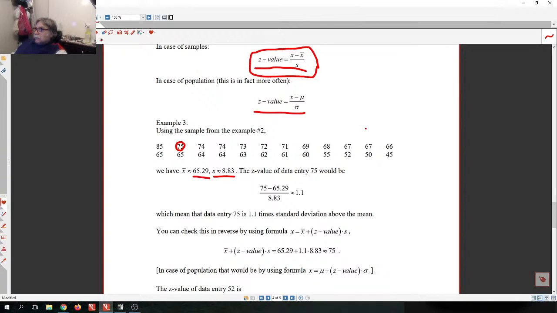The piece of data I have is 75, so that's the x, minus the mean, which is 65.29, divided by the standard deviation, which is 8.83. So I'm just plugging it into the formula, and I'm getting the z-value of 1.1. Which means this guy, 75, is 1.1 standard deviations away from the mean, above the mean.